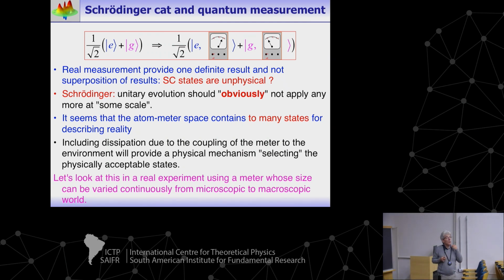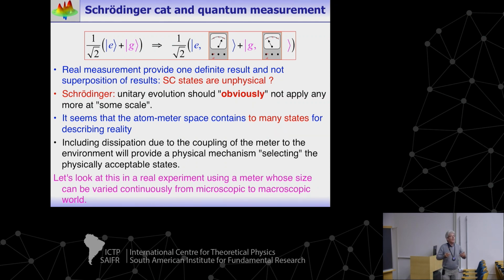His goal when he introduced the cat state was to show with a demonstrative example that obviously, and this was kind of obvious for the founding fathers of quantum theory, unitary evolution should not apply at the macroscopic scale. So it was clear from the point of view of the founding fathers that the Schrodinger equation holds at a microscopic scale, and that at some point it does not apply anymore.